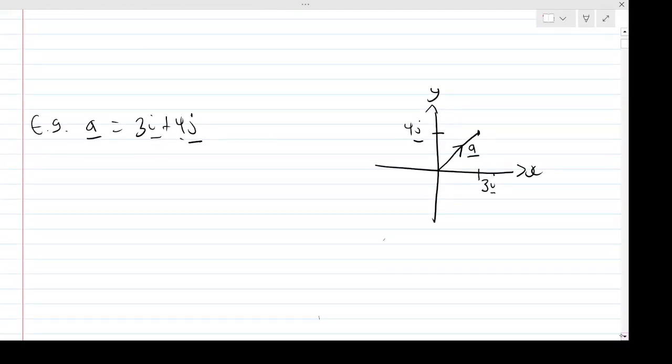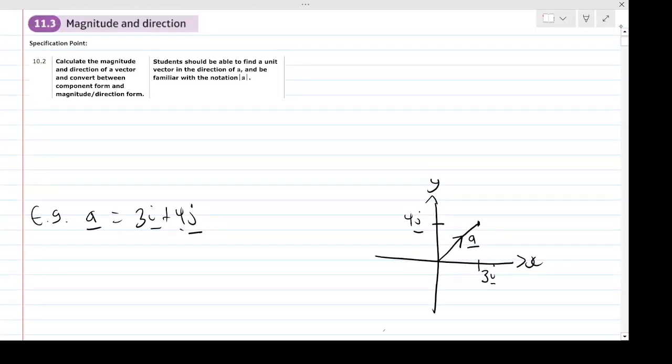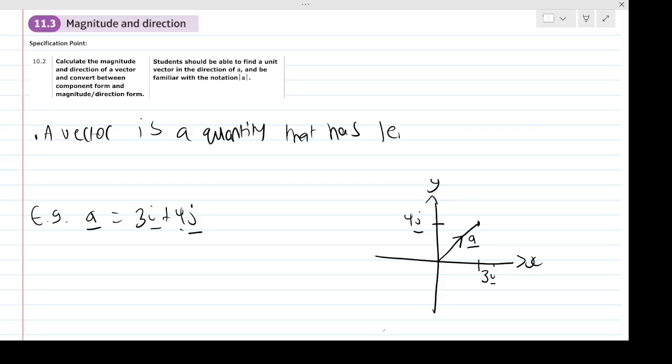But if you recall what I also said at the start of the section, and you probably would have seen it at GCSE, more generally, a vector is a quantity that has both a length and direction.